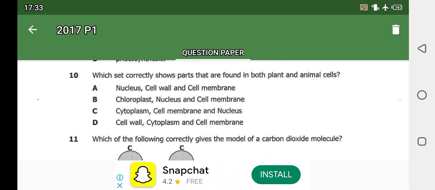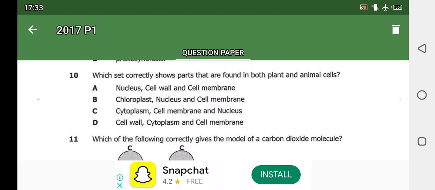Which set correctly shows the parts that are found in plant and animal cells? The plant cell has its own parts and the animal cell has its own independent parts. Now they're asking which parts are found on both sides.